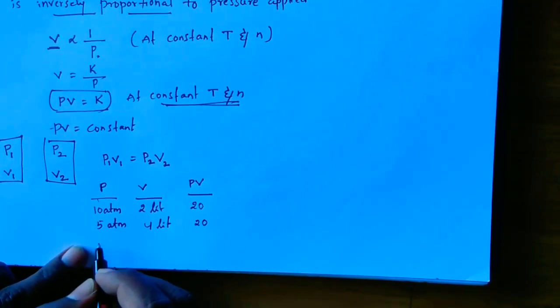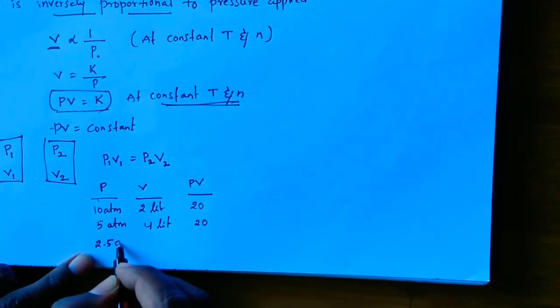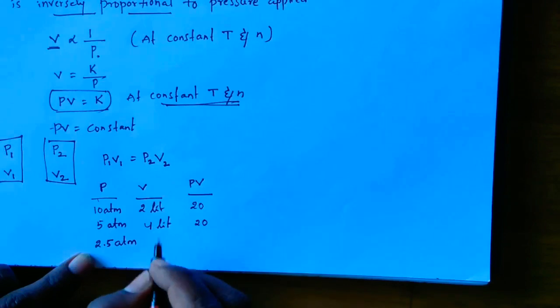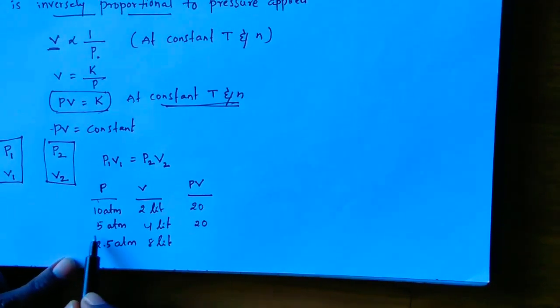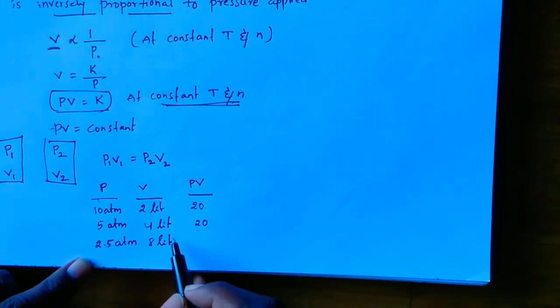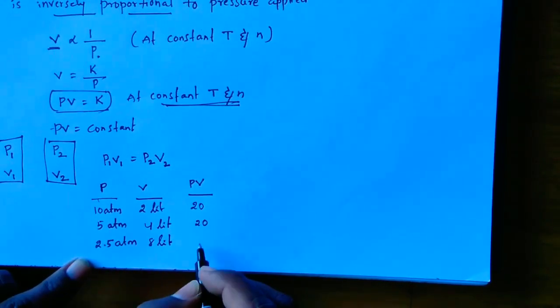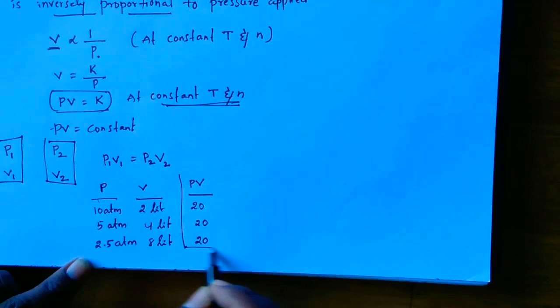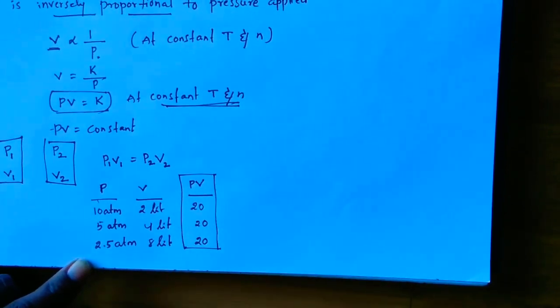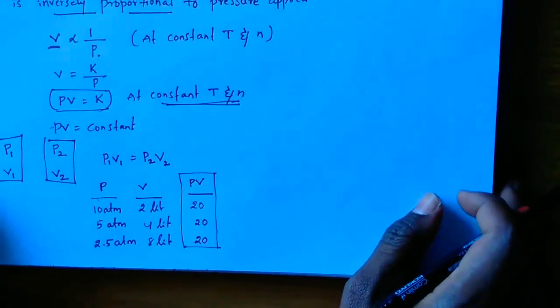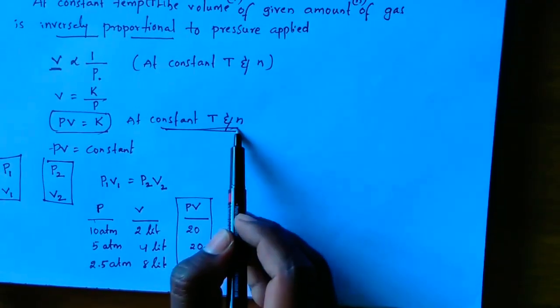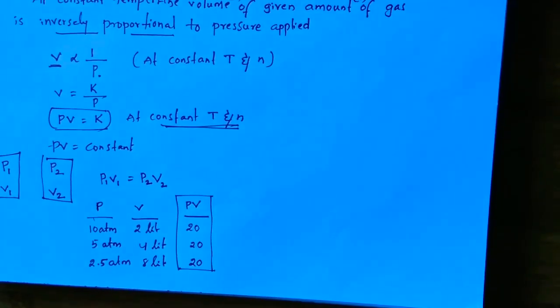Again I reduce the pressure to half, 2.5 atmospheres. The volume becomes 8 liters, because reducing the pressure 2 times increases the volume 2 times. 2.5 into 8 is again 20. So the product of pressure and volume is always constant, at constant temperature and number of moles.